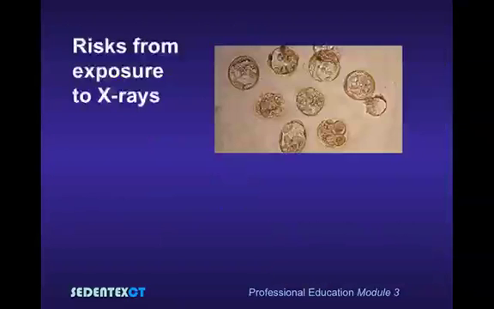Let's turn now to the risks from exposure to X-rays. Earlier, we explained how X-rays could damage important molecules within the cell, particularly DNA. What are the consequences of this if DNA is damaged? Well, the overwhelming majority of the time, the DNA simply is repaired and nothing happens.